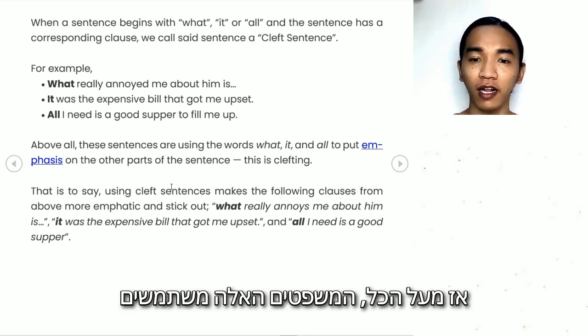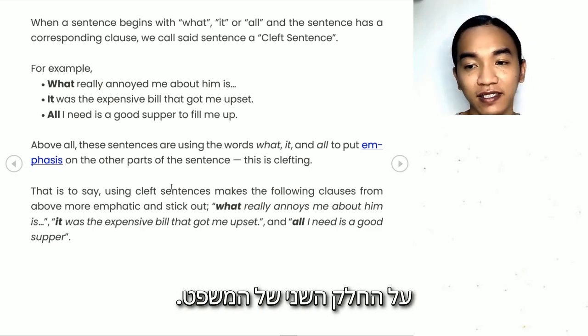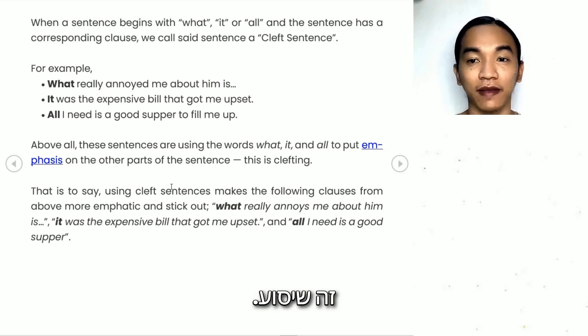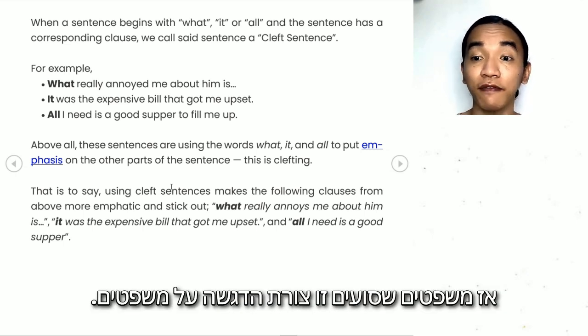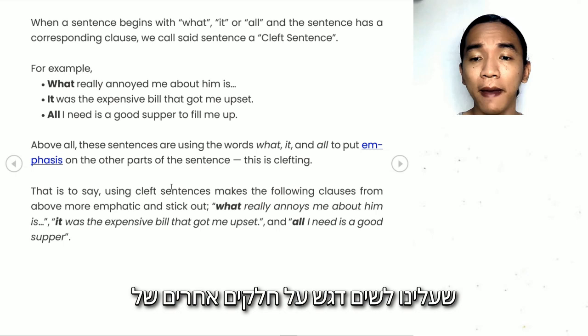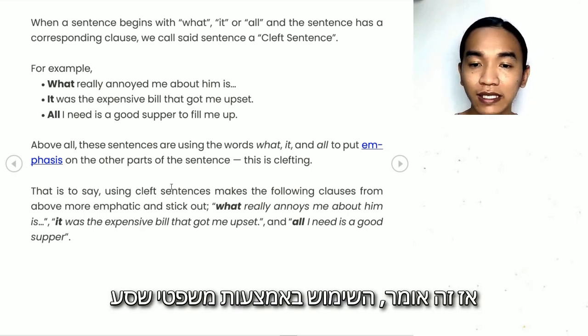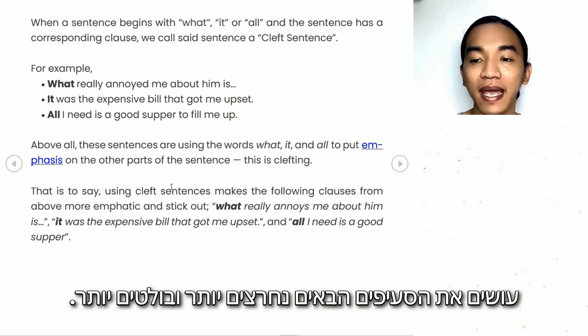So, above all, these sentences are using the words what, it, and all to put emphasis on the other part of the sentence. This is clefting. Okay? So, cleft sentences is a form of emphasis on sentences. So, for us to put emphasis on other parts of the sentence, then we can use clefting or cleft sentences. So this is to say, using cleft sentences makes the following clauses from the above more emphatic and stick out.